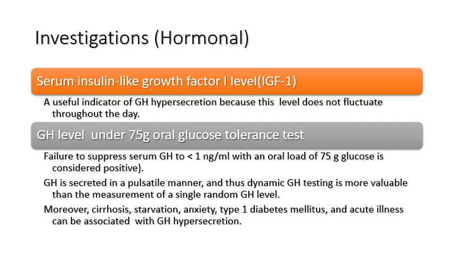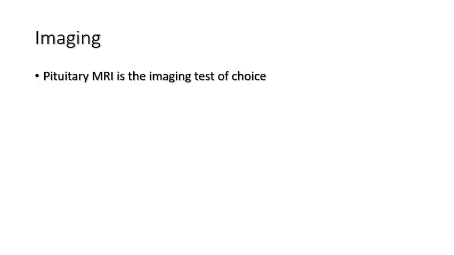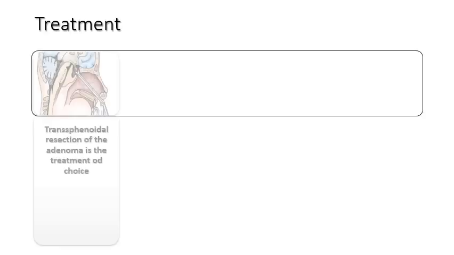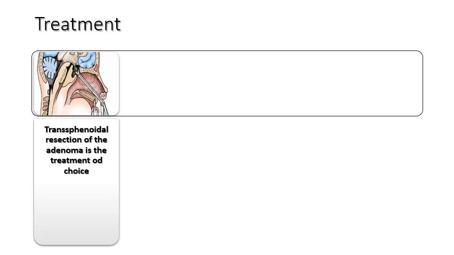After confirmation of growth hormone excess by this hormonal analysis, the next step is pituitary MRI, the imaging modality of choice to locate the adenoma. The treatment of choice of acromegaly here is actually different from prolactinoma.